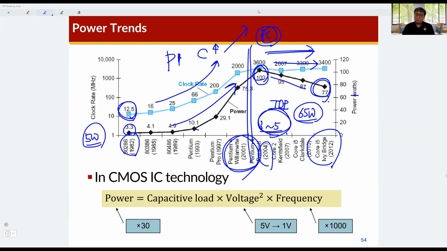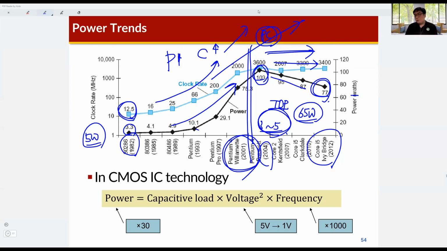That means if we want to use a better CPU, then our computer system will consume the power of some nuclear reactor. So if this trend is continuously maintained, then power consumption of the computer system may be similar to the power consumption of a nuclear reactor. So that's why power consumption is a limitation of computer system manufacturing.